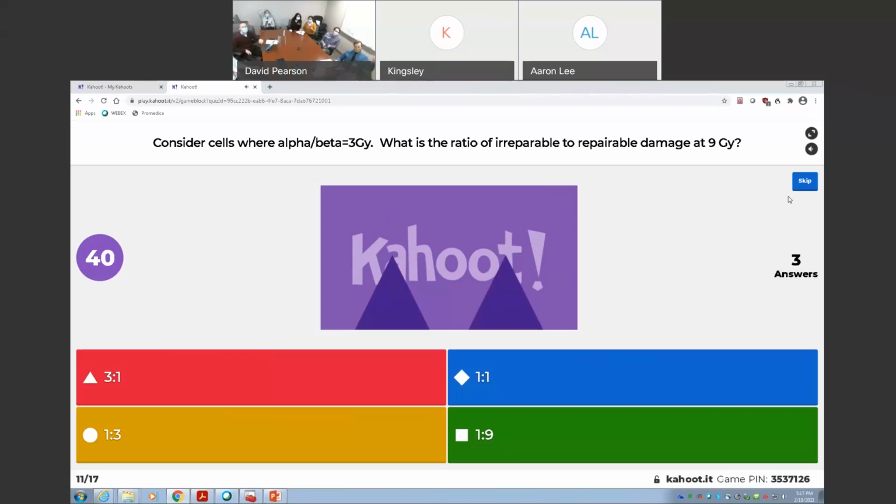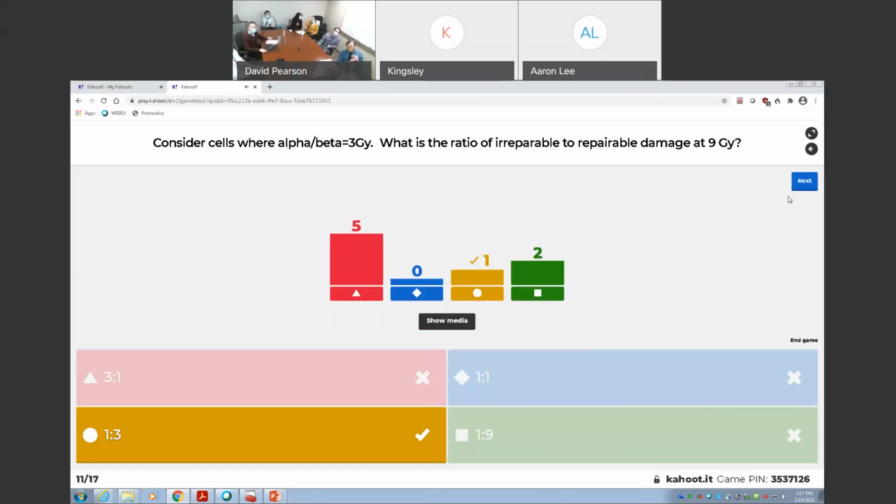So alpha is 2.3 times beta. Yeah, I just hit the wrong one, sorry. I don't know. Yeah, it's because alpha beta is 3.